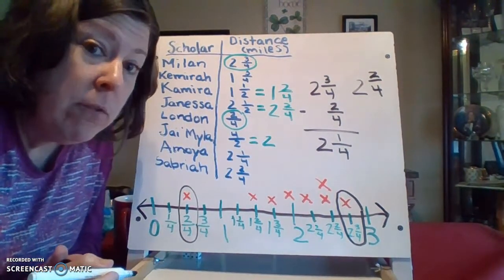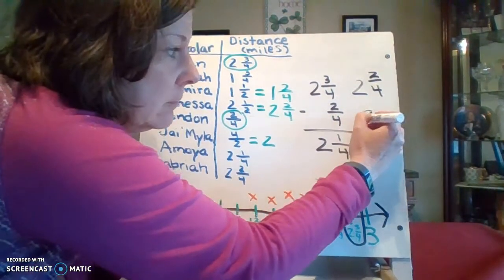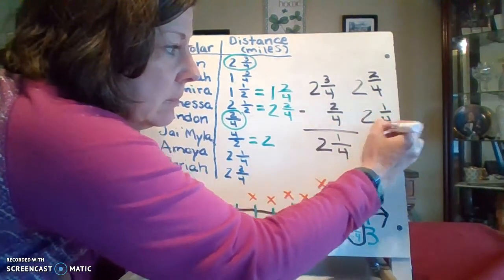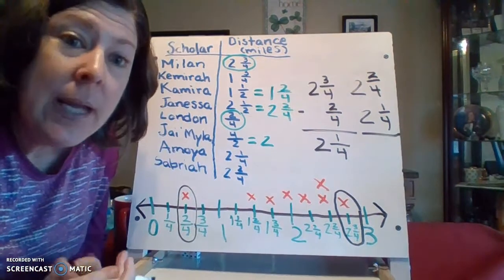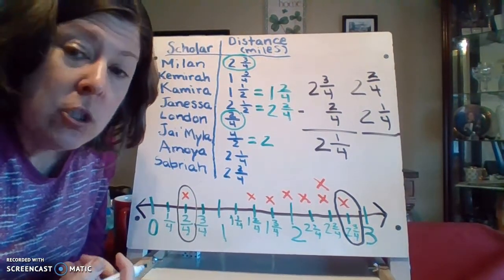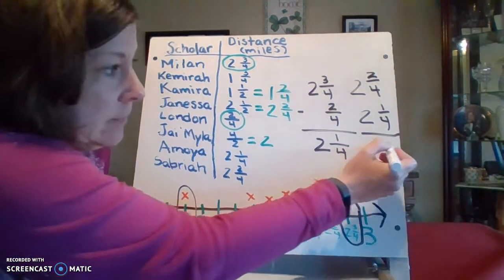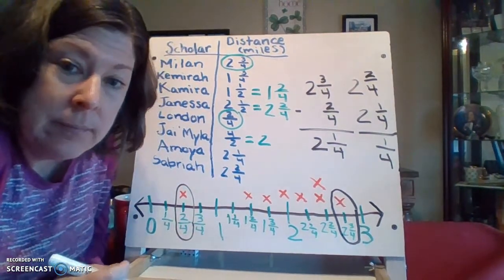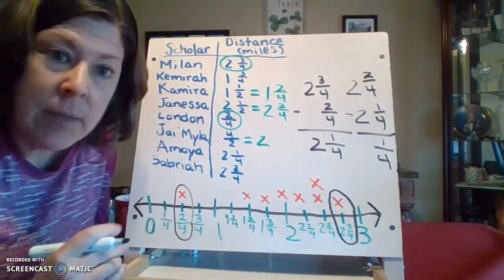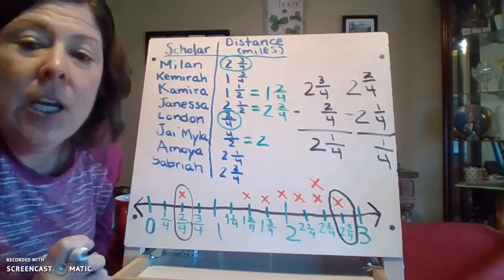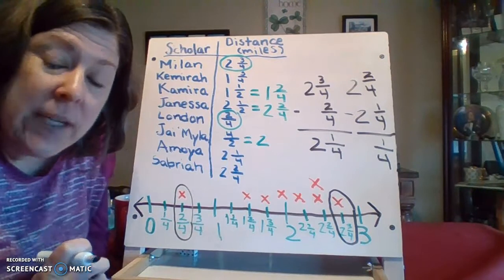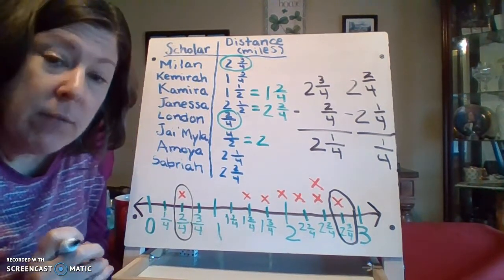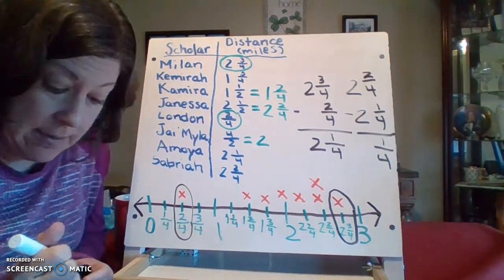Amoya had 2 and 1/4. Now I'm going to find the difference. 2/4 minus 1/4 is 1/4. 2 minus 2 is nothing. So Janessa ran 1/4 mile more than Amoya.